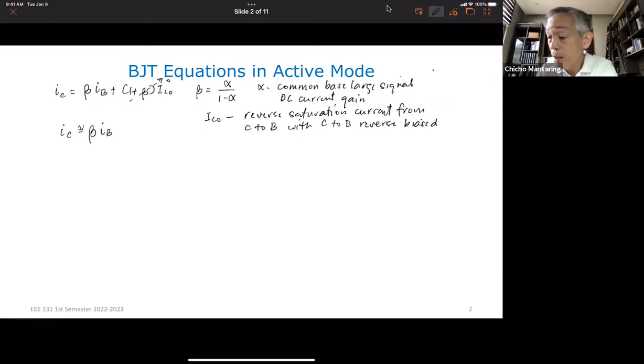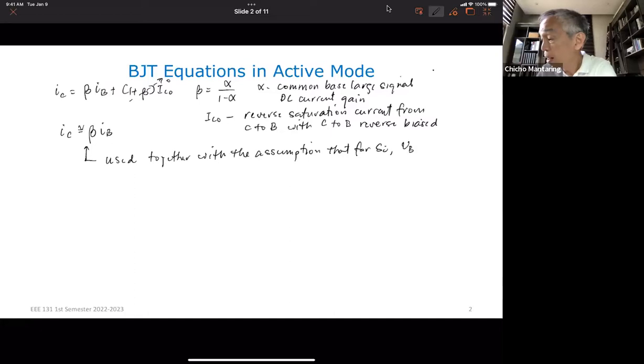Okay. Now, we normally use this together with the assumption that for silicon, VBE is approximately equal to 0.7 volts.